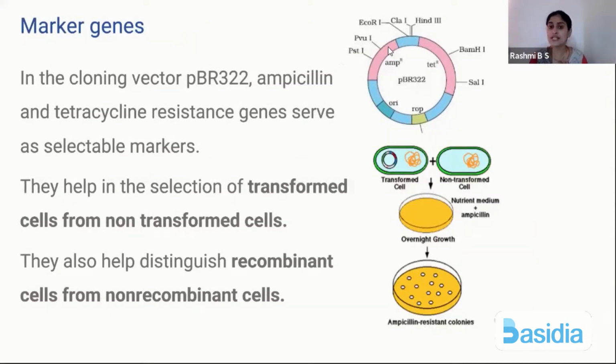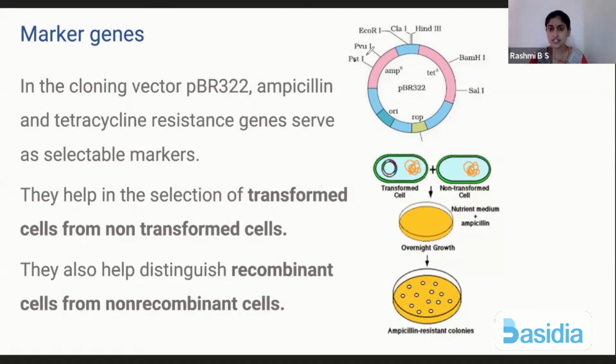Yes, so we already studied the features like origin of replication, ROP, and the restriction enzyme recognition or cloning sites. Now we're left with these. What are these? These are nothing but marker genes. Marker genes are also called selectable markers. What is the function? Say, for example, AMPR.